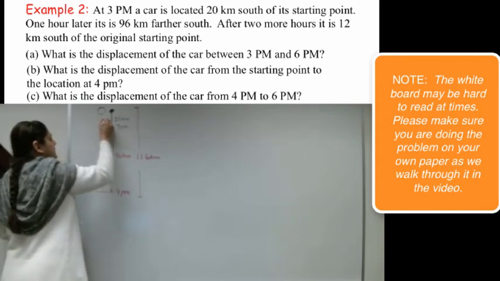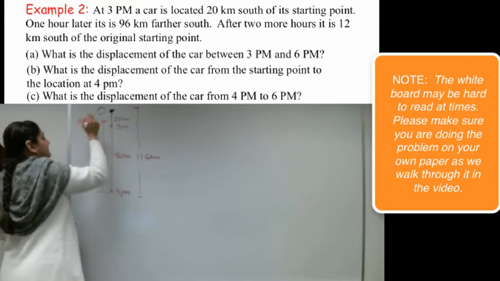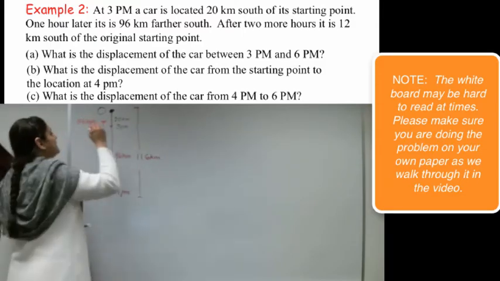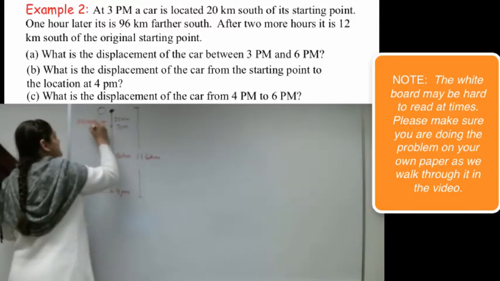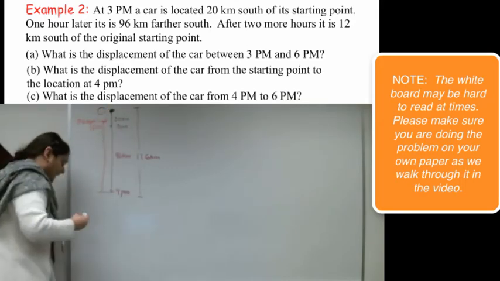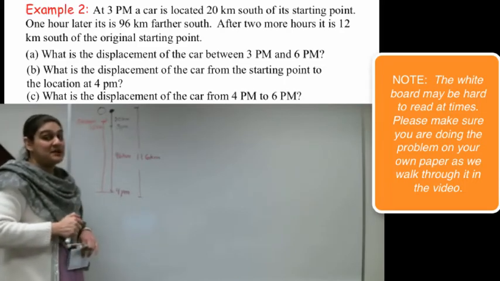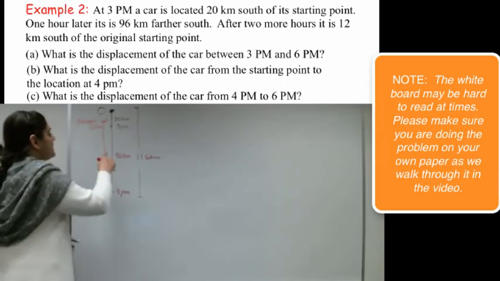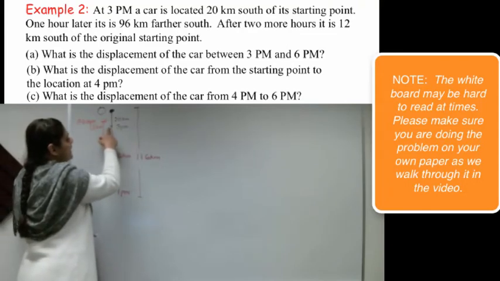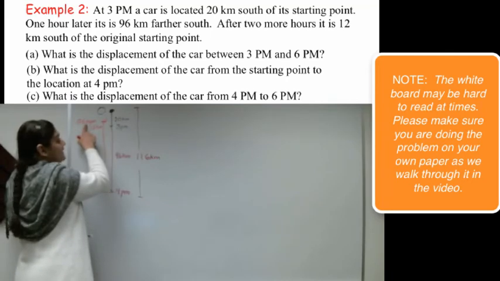So it is somewhere here, which is at 6 p.m. It is at 12 kilometers south of its original starting point. Okay? So now it's asking us, what is the displacement of the car between 3 p.m. and 6 p.m.? So at 3 p.m. the car was here, and at 6 p.m. the car was back here.